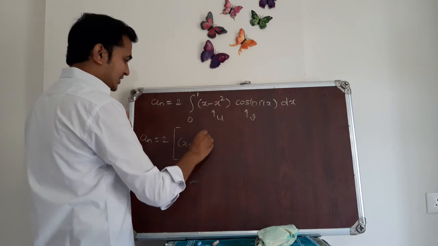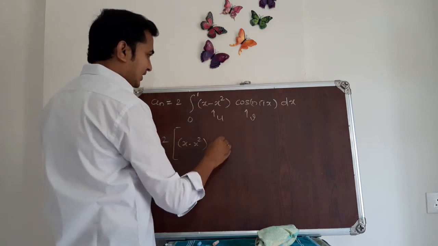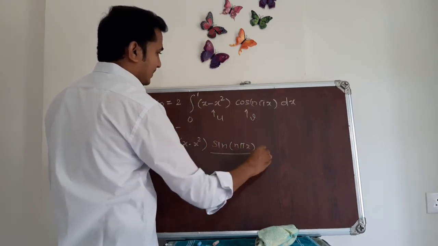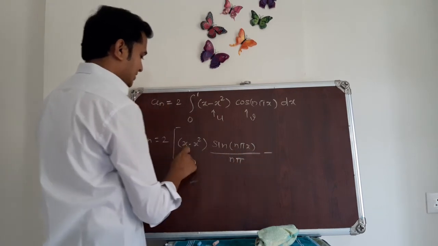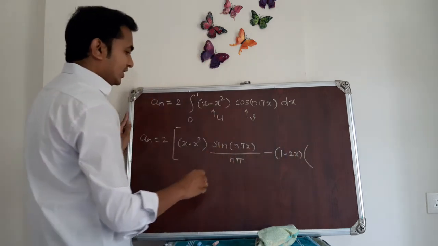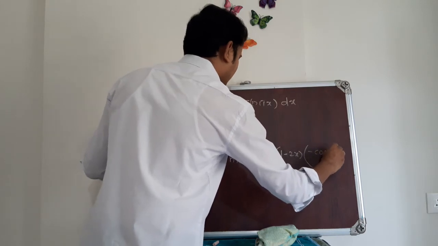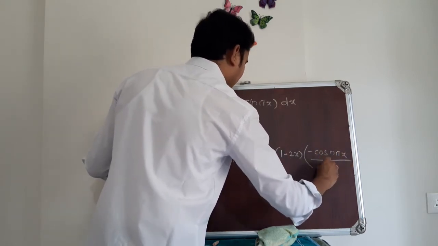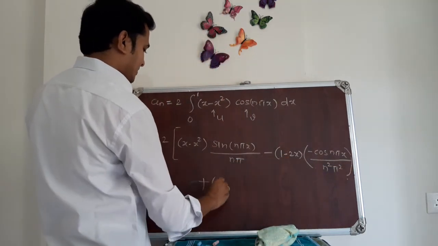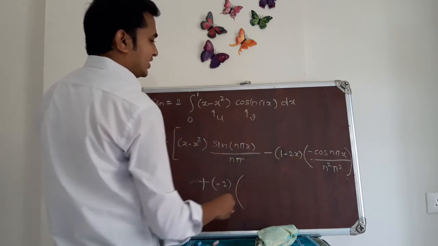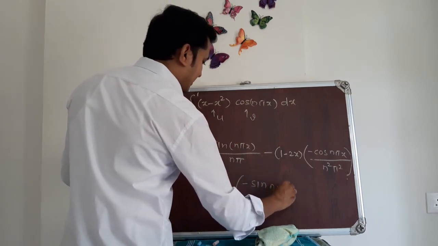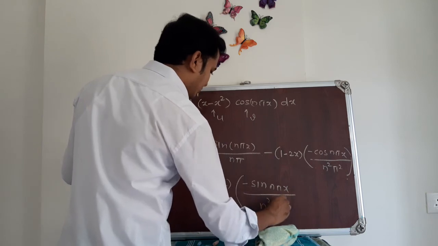So x minus x square as it is, integration of v, that is sine of n pi x upon n pi, minus its derivative 1 minus 2x into its integration, so minus cos of n pi x upon n square pi square, plus its derivative is minus 2 into its integration, so minus sine n pi x upon n cube pi cube.